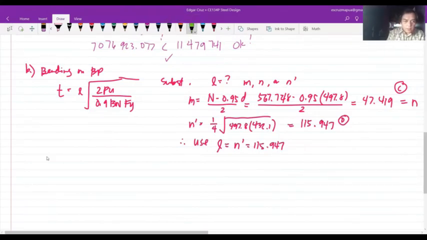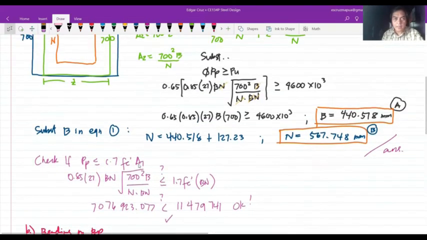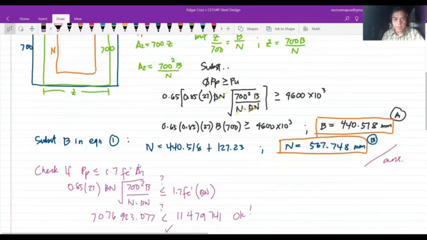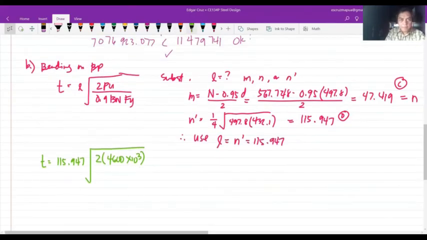Okay, so our thickness becomes L, 115.947, then square root of 2 PU. Ano yung PU natin? 46 ba yun? Times 10 to the 3. Let me check. 46, tama. Newtons. Tapos divided by 0.9 BF, BN.